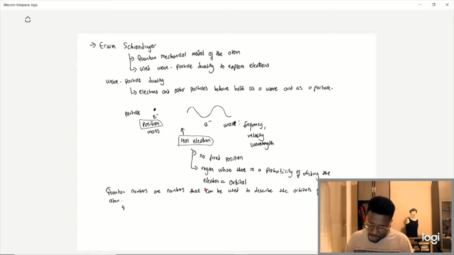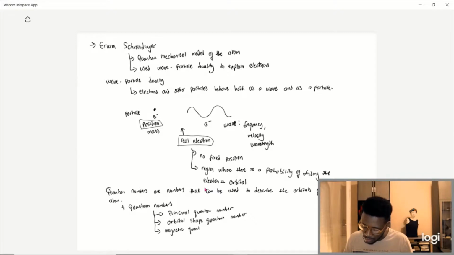So we have four quantum numbers. We have the principal quantum number, the orbital shape quantum number, the magnetic quantum number, and the spin quantum number.